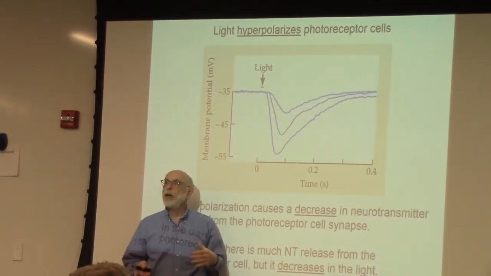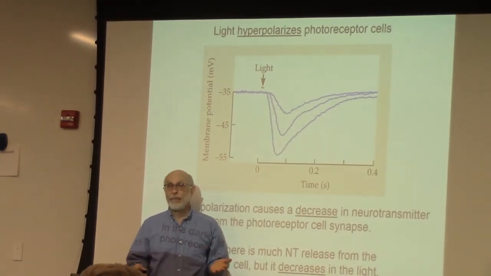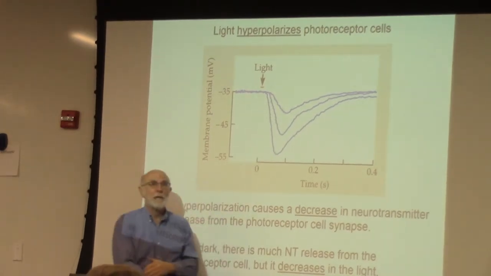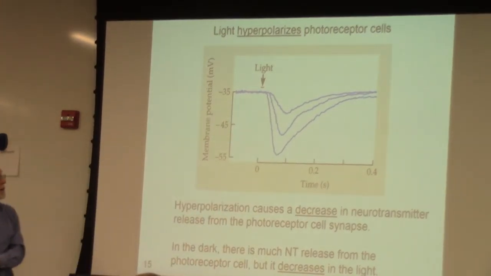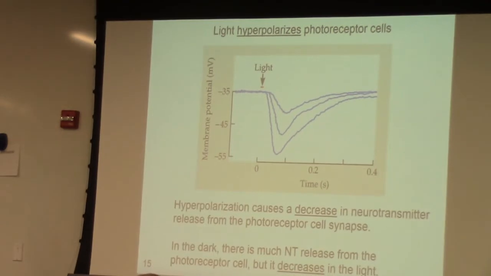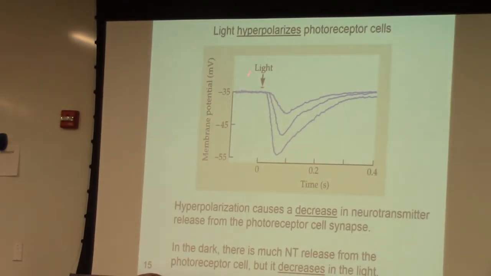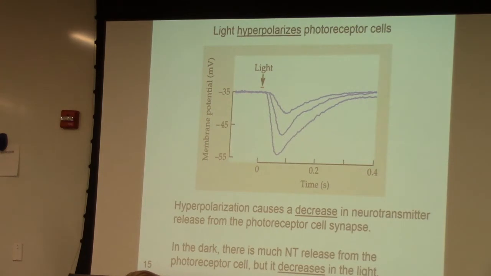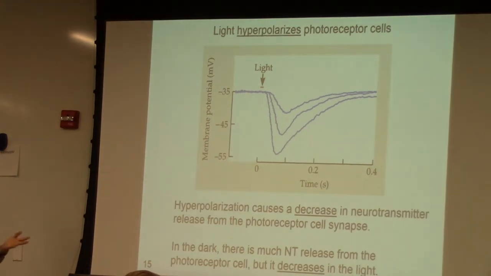This is a graded receptor potential. Small, medium, large, everything in between. Receptor potential in response to light. So light hyperpolarizes the receptor cell. Questions?